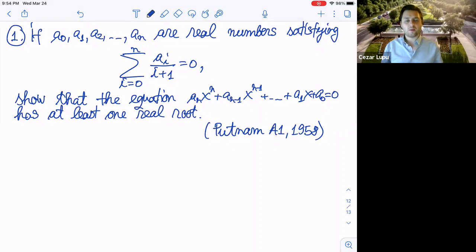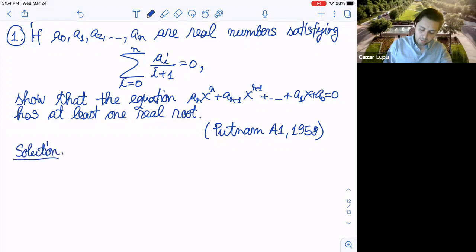Well, I've done this problem in lecture 14, if I remember correctly, where we actually used Rolle's theorem. And then I told you at that point that there is actually a simpler solution by just using the mean value theorem. So let's see.